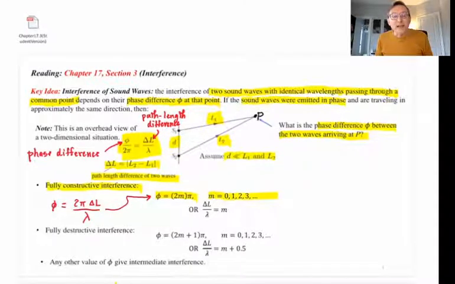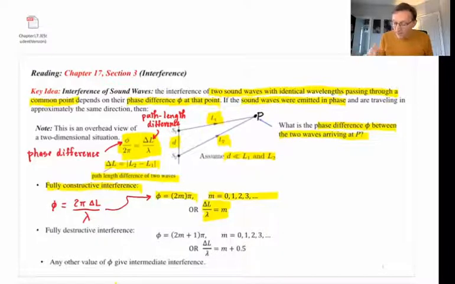The 2 pi's will cancel, and you'll get this relationship right here: the path length difference divided by the wavelength must be the integer m. Not just an even integer, any integer m. We're not allowing negative integers because we've defined delta L to be positive.